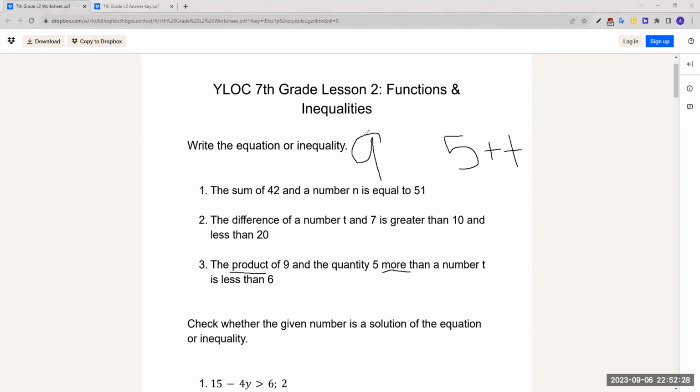We have to multiply 9 to this whole thing, so we put parentheses, and this whole thing is less than 6. So we put this symbol and a 6 here because we want this sign to face the 6. Our final answer would be 9 parentheses 5 plus t is less than 6.